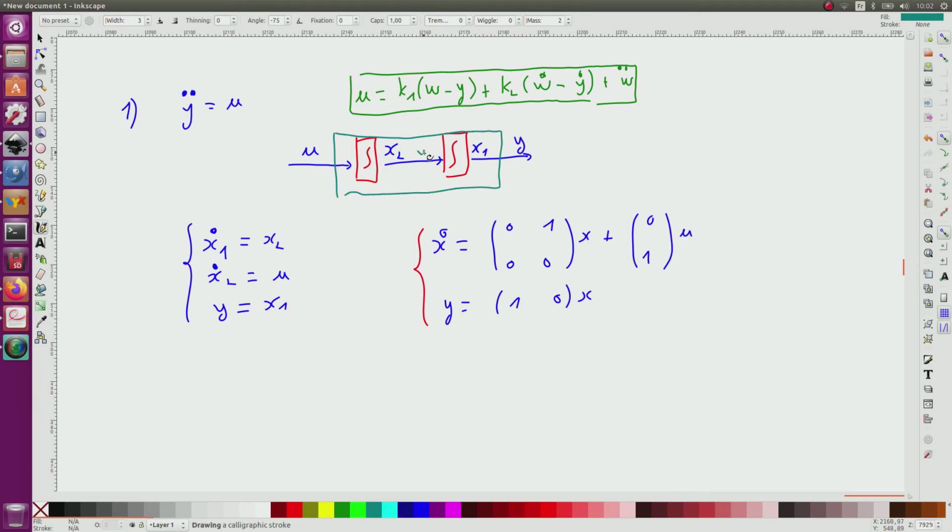Y dot here corresponds to x2. So if I assume that the state is available, I have here x2 or y dot, and here I will have y that I need. And w of t is known and corresponds to the set point, the output I want for y.